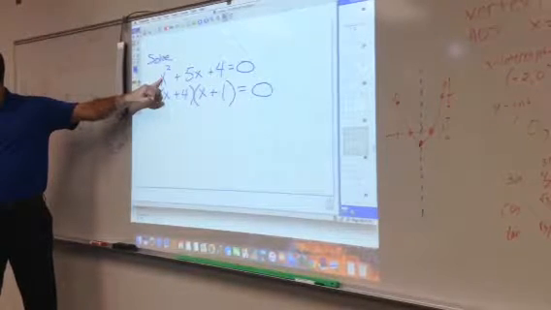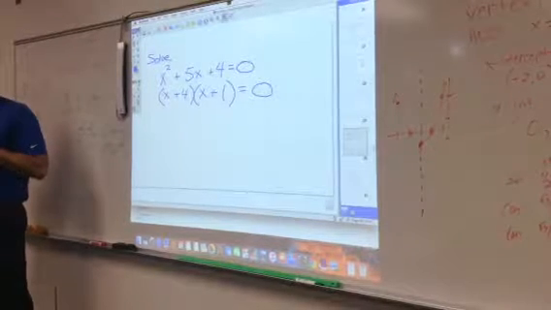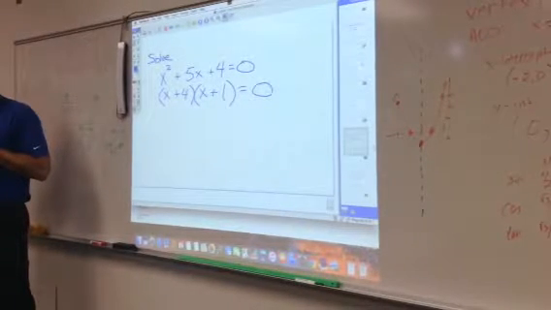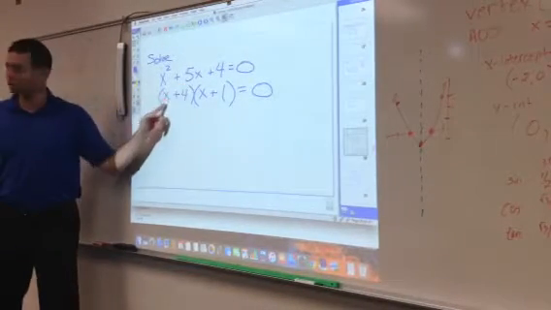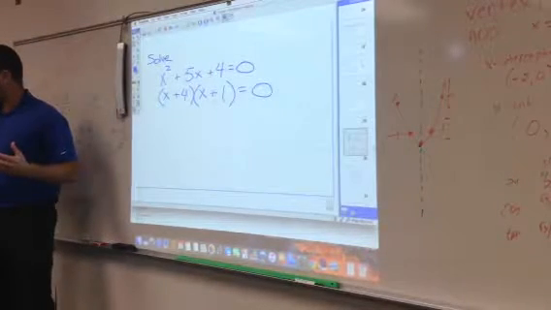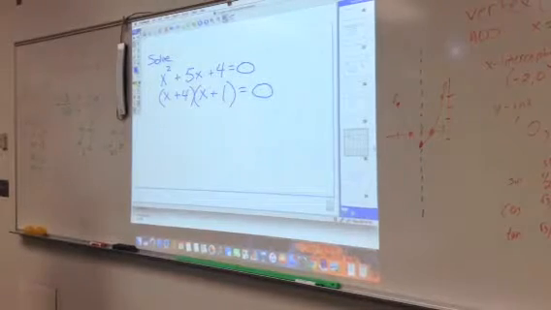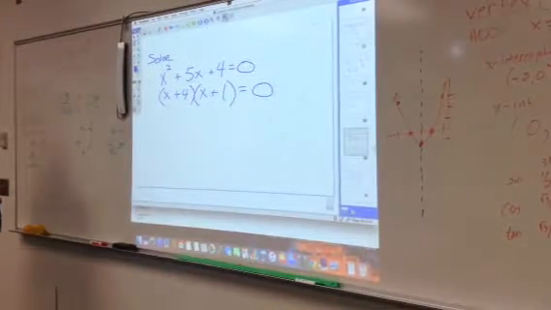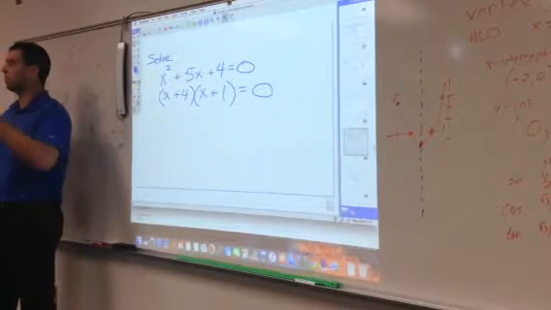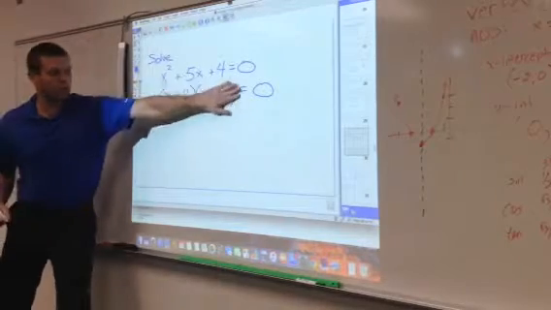I'm just making sure I factored correctly by doing that multiplication back together. I just multiplied the two factors back together to make sure I haven't screwed anything up. That's not part of me finishing the problem, that's just me checking so far. Now, what do I do with each factor?